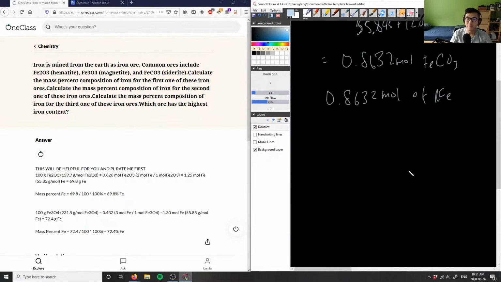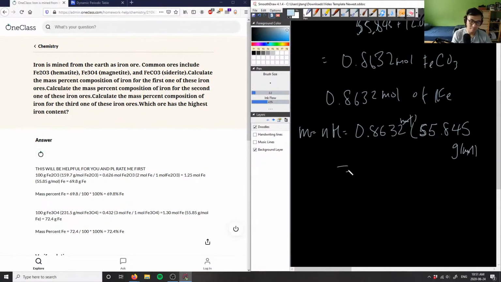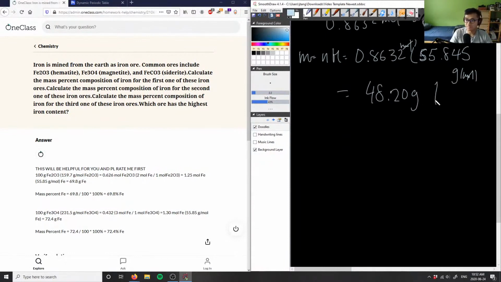So we can convert that back to mass, right? So mass is going to equal moles times molar mass. And the molar mass is 55.845 grams per mole. Moles cancel out. Multiply those two numbers, you get 48.20 grams of Fe.